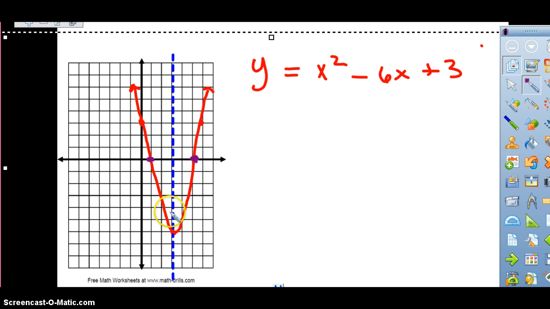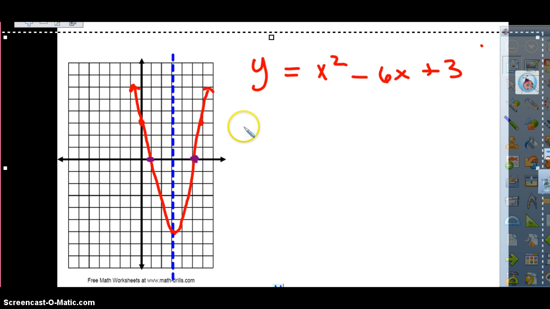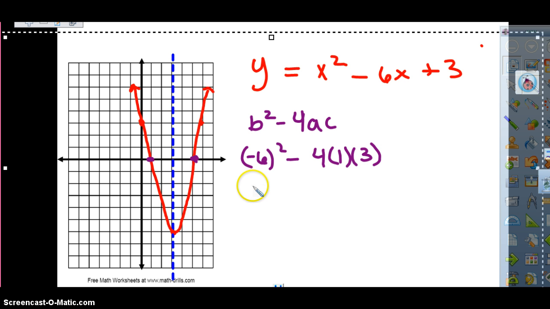The parabola crosses the x-axis in two different places. Now if we use the discriminant, b squared minus 4ac, we can see that negative 6 squared minus 4 times 1 times 3, 36 minus 12 equals 24.